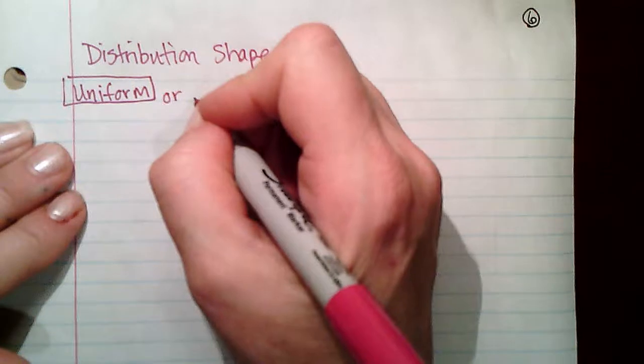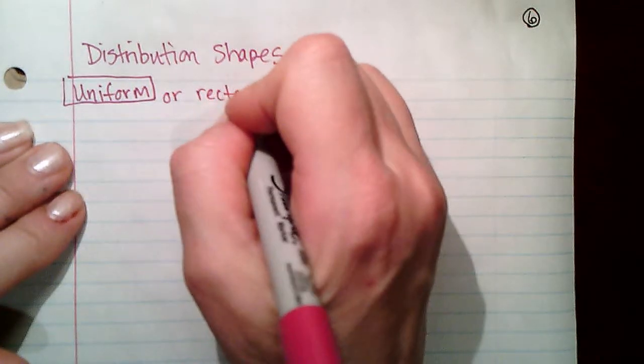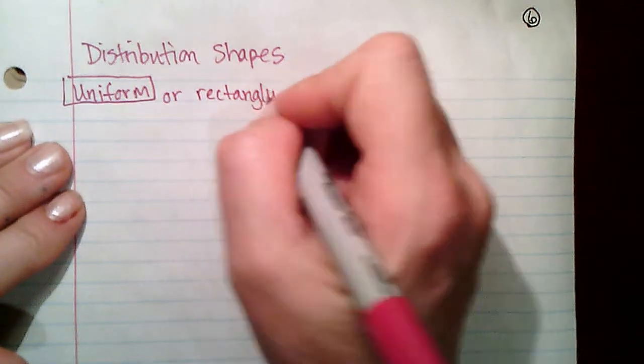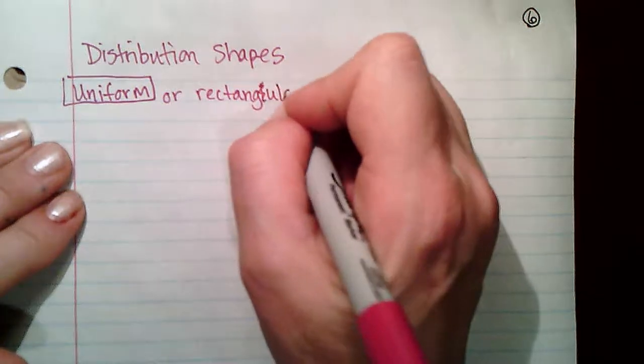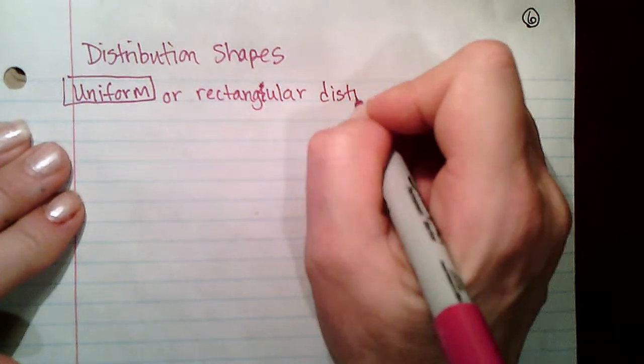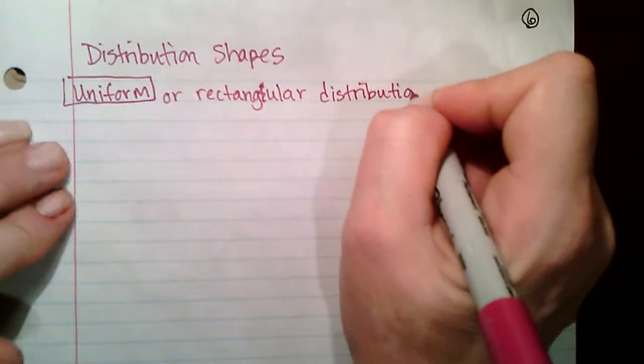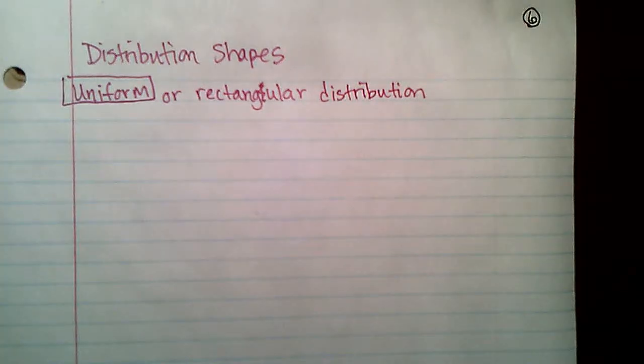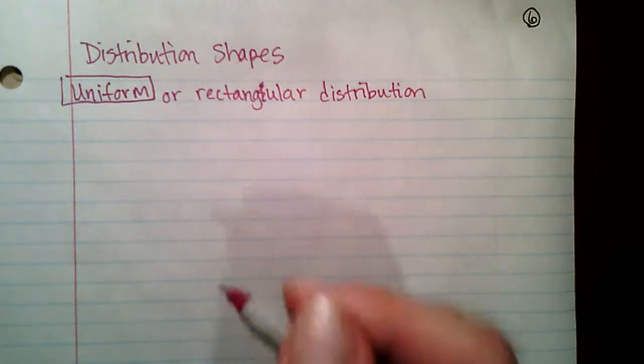One is called a uniform. Mostly they call it uniform, but they can call it a rectangular distribution. Okay, if I could spell, that would be good. Rectangular distribution. So what we're talking about is like the distribution of, say, a histogram or a frequency distribution.